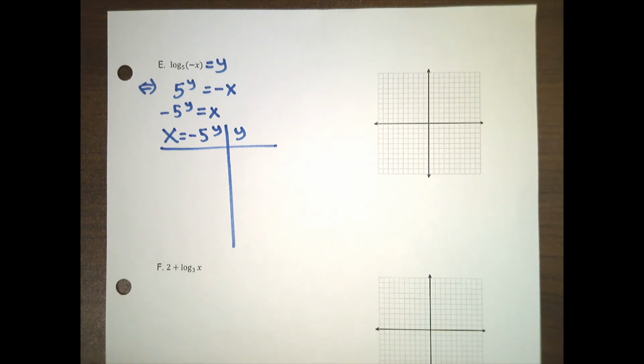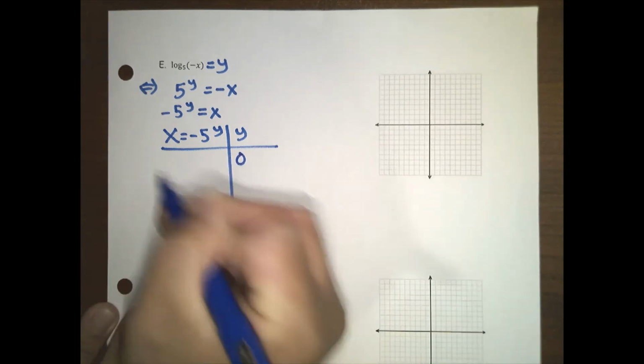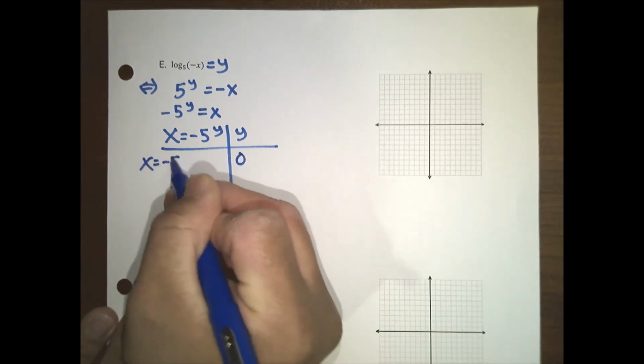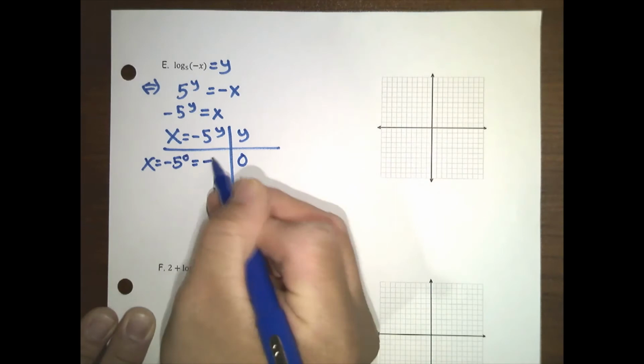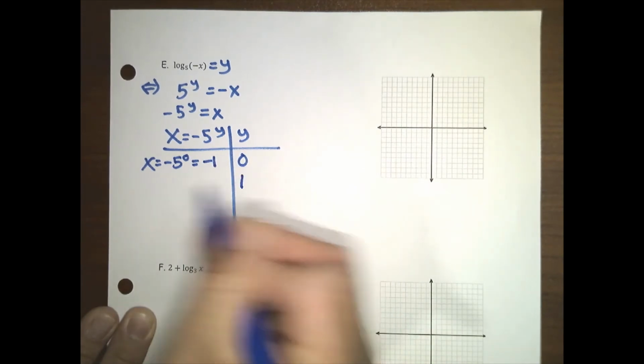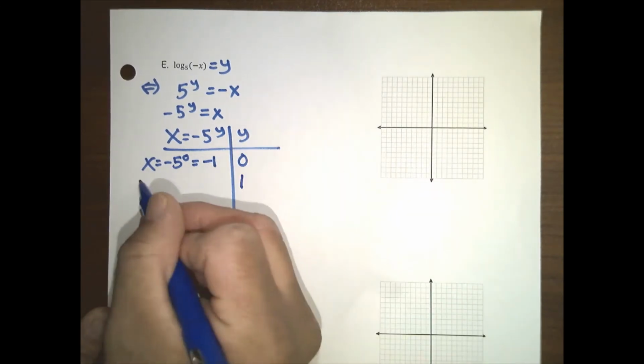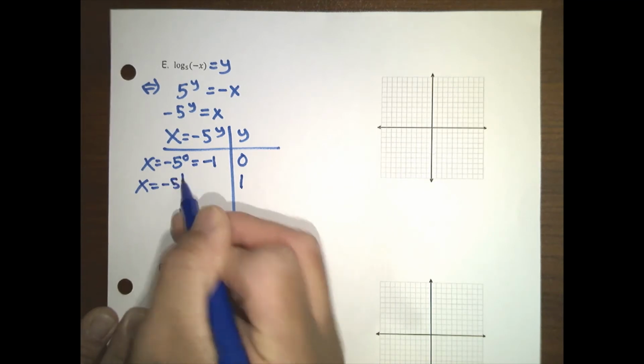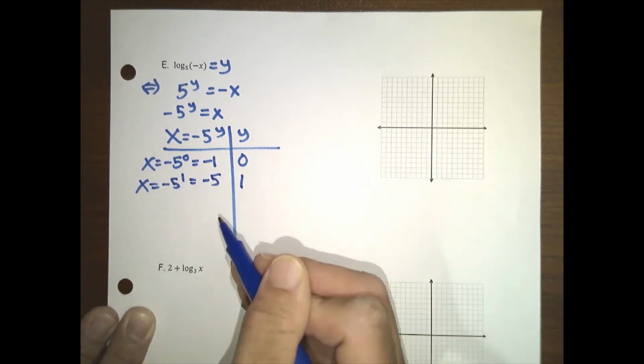But if I pick values for y, then I could pick, say, a 0. So x is negative 5 to 0, that's negative 1. If y is 1, x is negative 5 to the first, so negative 5.